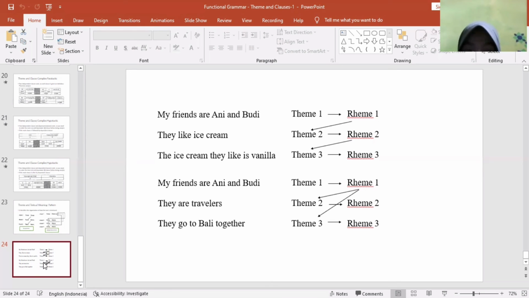Then I pick Annie and Budi again in the third clause and use "they": "They go to Bali together." "They" is theme 3, and "go to Bali together" is Rheme 3. Here, Annie and Budi are repeated twice, in the second and third clauses. So the Rheme in Rheme 1 is repeated as theme in the second and third clauses. Back to moderator.